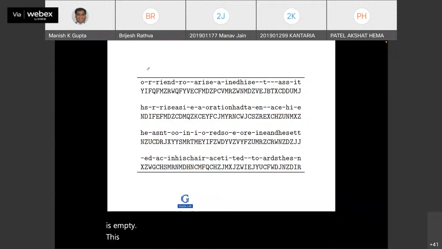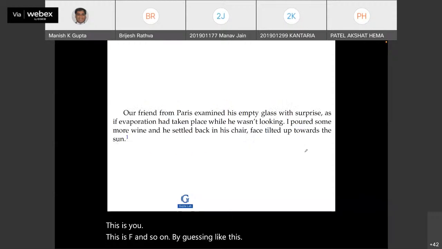This is U, this is F, and so on. By guessing like this, we arrive at this decrypted text. As I mentioned, this is more or less a clumsy process, but it works.